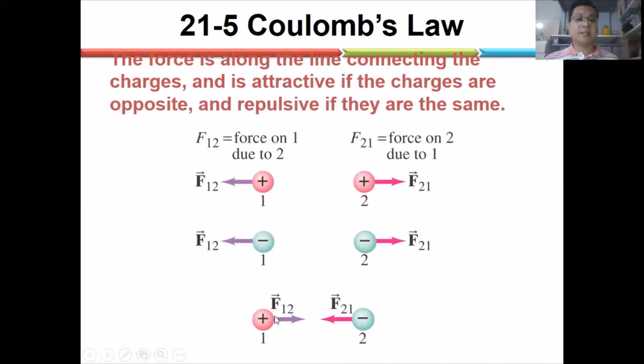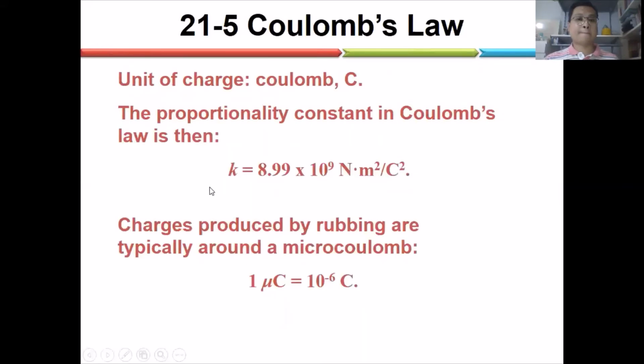If the two signs are different, the force will be attractive. The constant K is almost 9 times 10 to the power of 9 newton meter squared per coulomb squared.